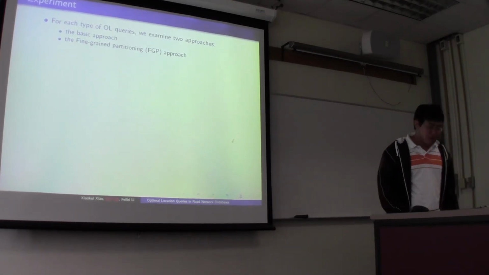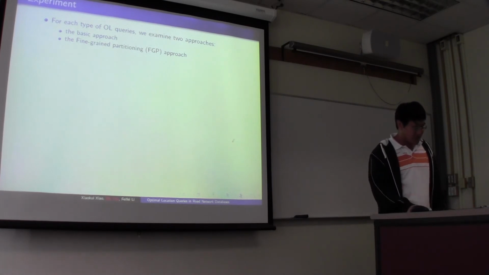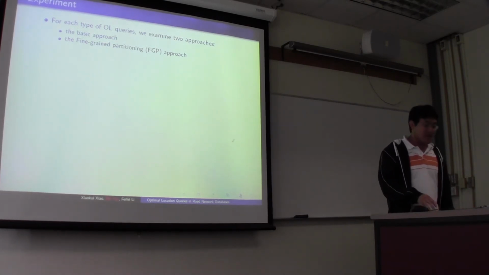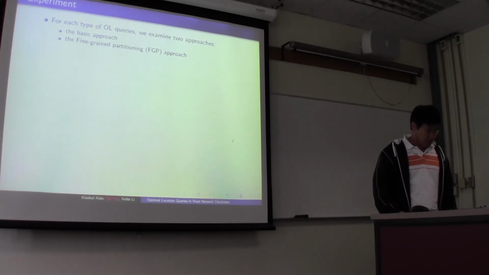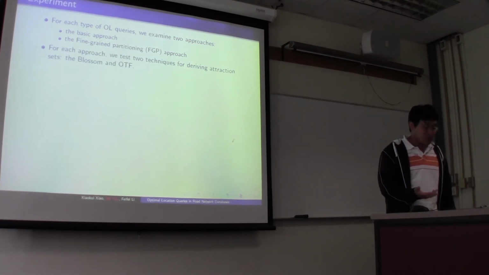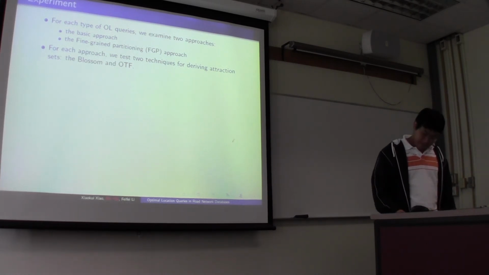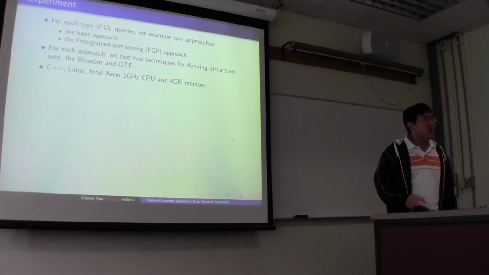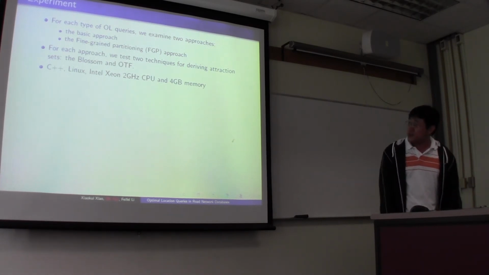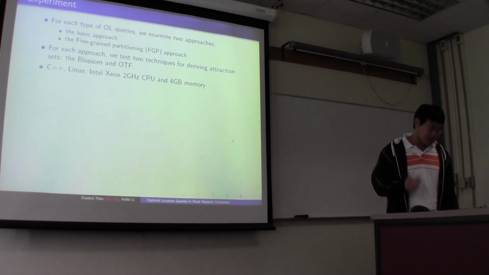Here comes the experiment part. For each type of query, we examine two approaches, the basic approach and the FG approach. For each approach, we test two techniques for deriving the attraction set, the Blossom and on-the-fly. We implement all the solutions in C++ and run the experiment on a Linux machine with a 2 gigahertz CPU and 4 GB memory.